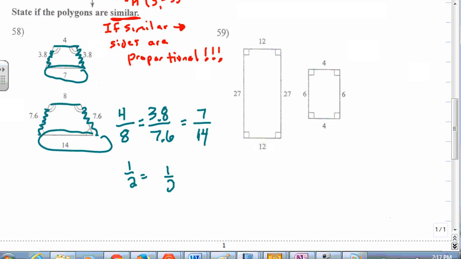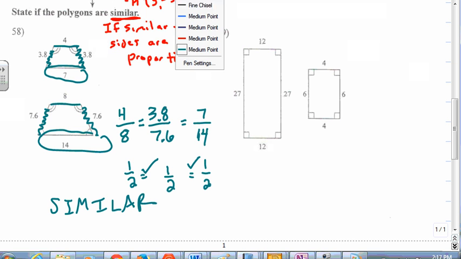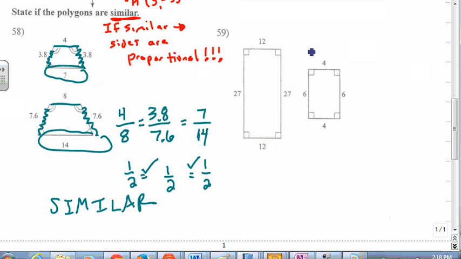What does 7 over 14 reduce to? 1 over 2. Are they all the same? Yes. So if all of the ratios are the same, then the figures are similar.